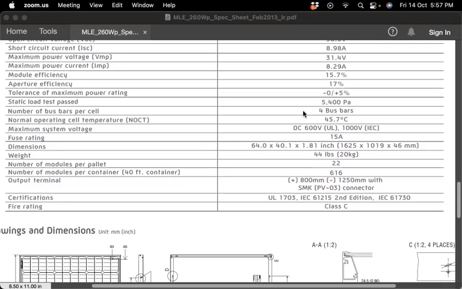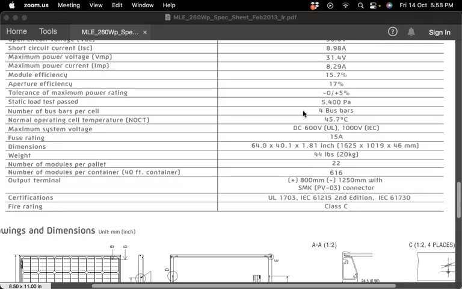That's why typically a solar cell normal operating cell temperature is 10 to 20 degrees higher than the environmental temperature.